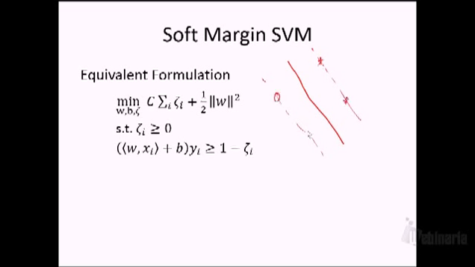And so if we have the decision boundary, we have the margin, some points will satisfy the margin constraint, others will not. So for example, we might have a point that gets into the margin, and it can get into the margin a bit, or it can get very deep into the margin so that it actually goes to the wrong side.